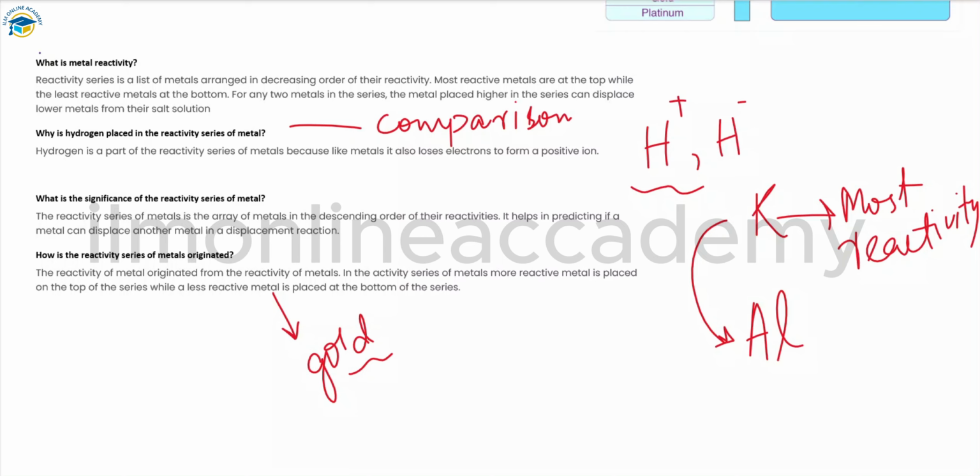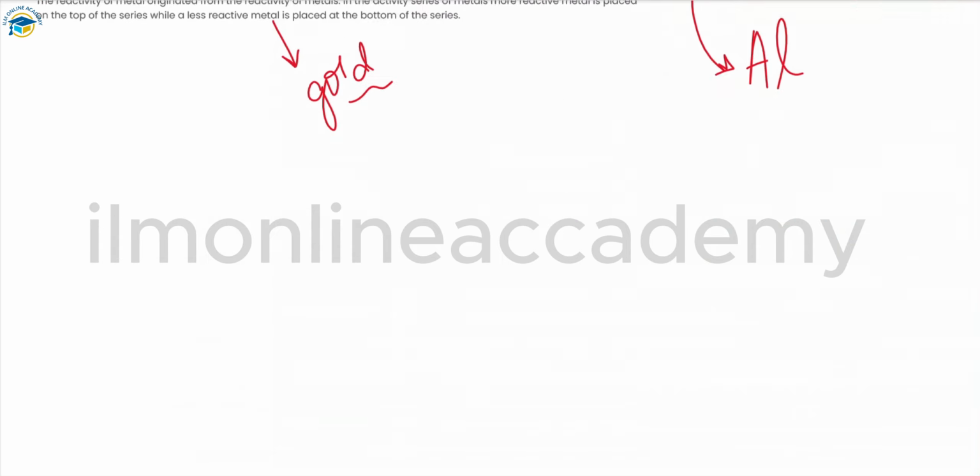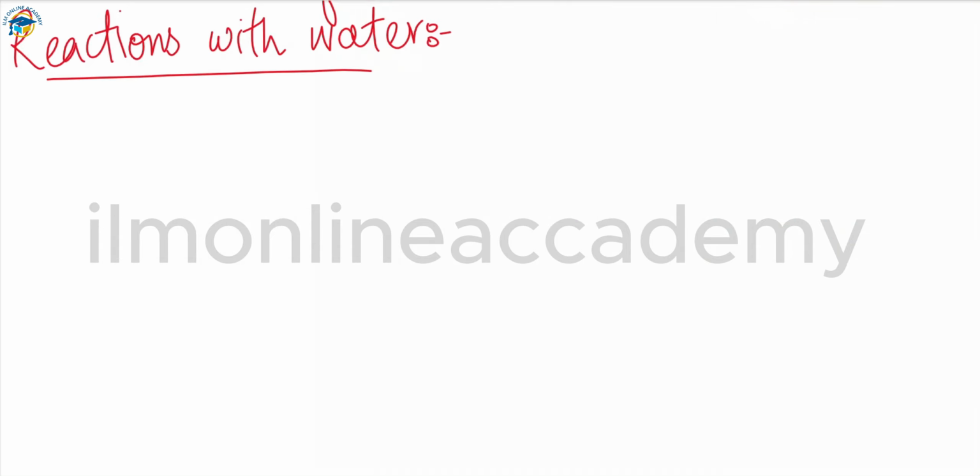So next, we will discuss the reactions of the metals. First, we will talk about the reactions with water. We will describe the reactions, if any, that will occur of potassium, sodium, and calcium with cold water, and with steam, magnesium, zinc, iron, copper, silver, and gold with dilute hydrochloric acid.